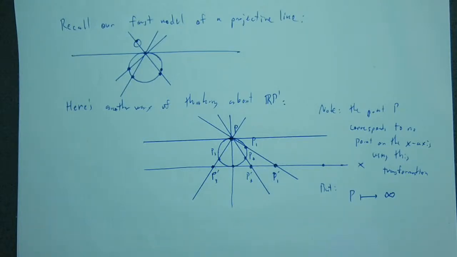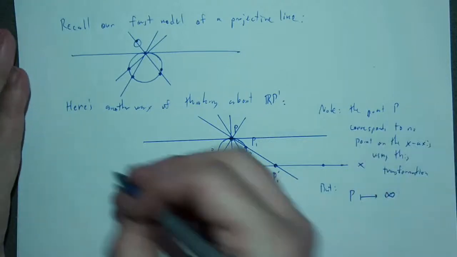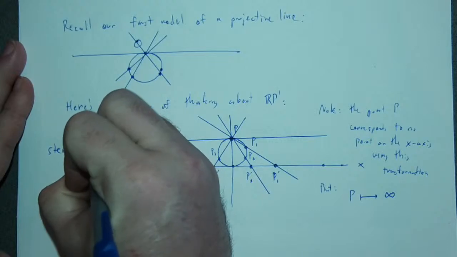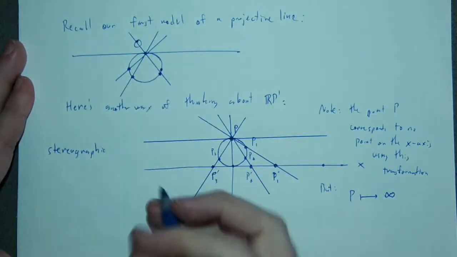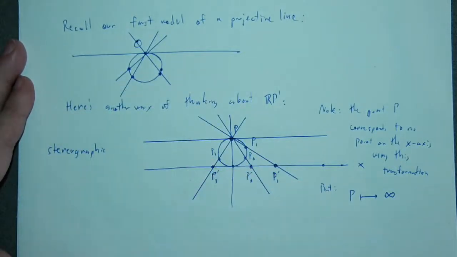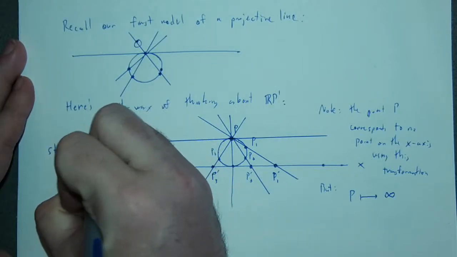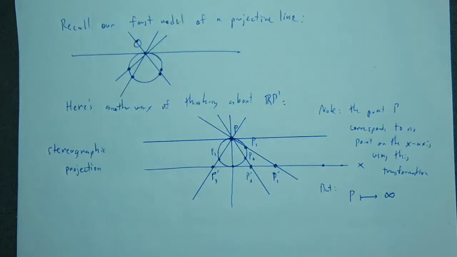So this point P gets sent to infinity. This is called stereographic projection. You can do this in more dimensions, but it's really nice to see in 2 dimensions. It's tied to this description we have of RP1.